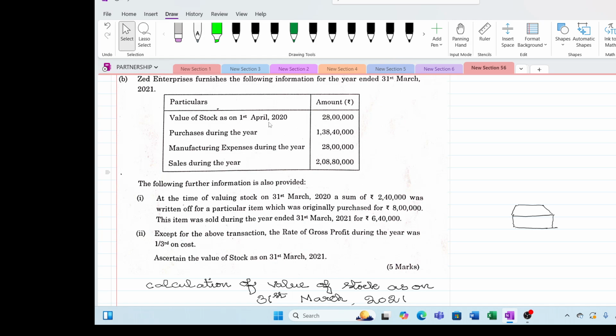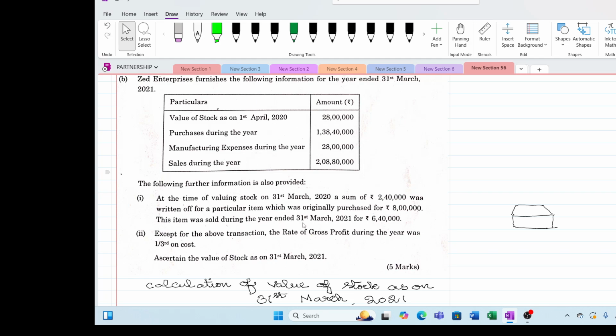While valuing the opening stock, an item of 2,40,000 was written off, which was originally purchased for 8 lakh rupees.